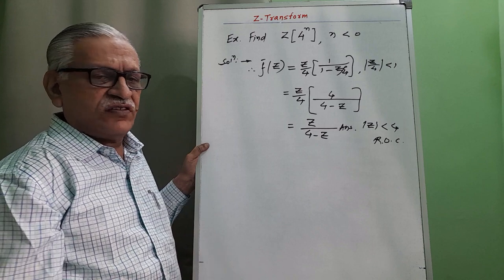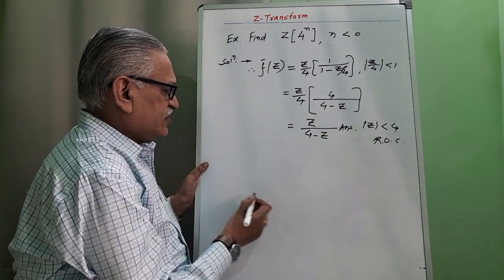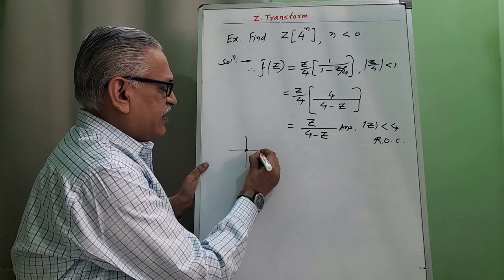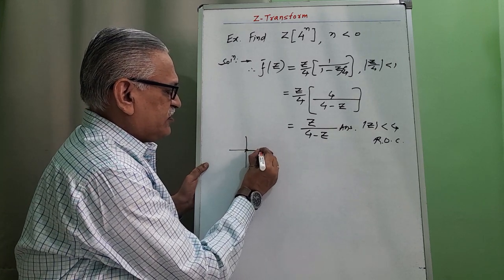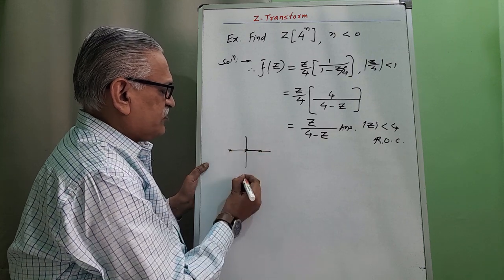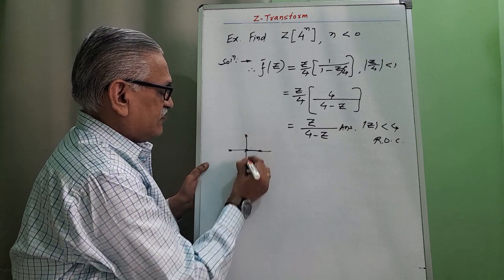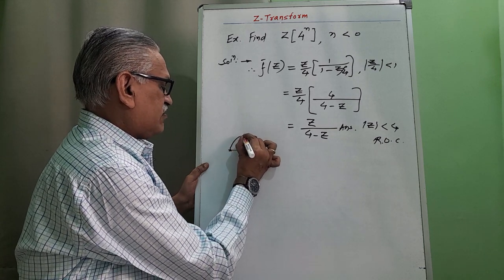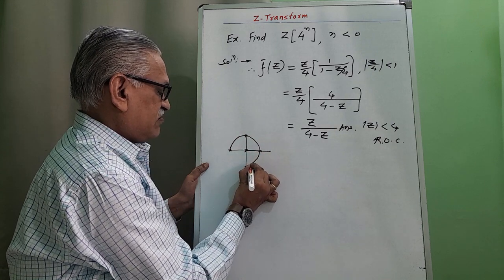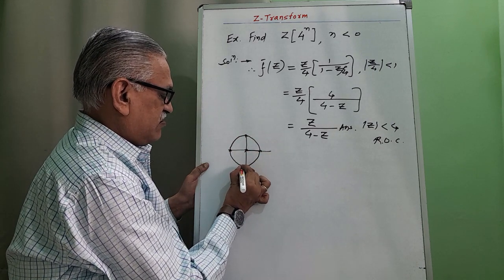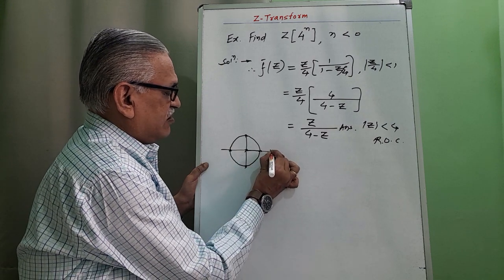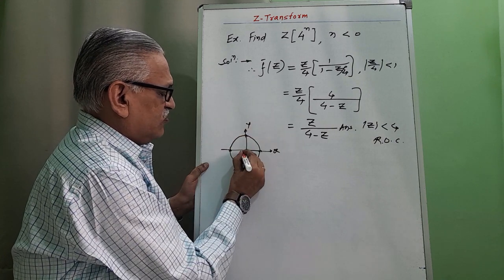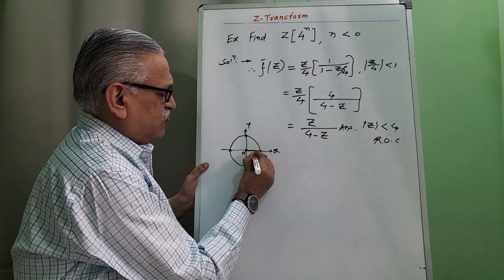If we try to show this region, it is a standard circle whose center is at the origin and radius 4. If we consider this much as distance 4, and complete the figure, we have the x-axis, y-axis, origin, and radius 4.